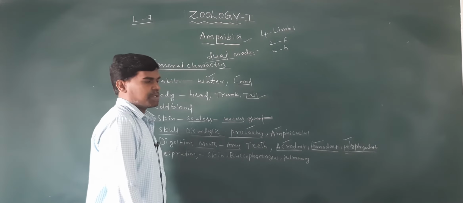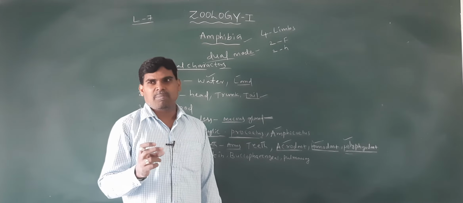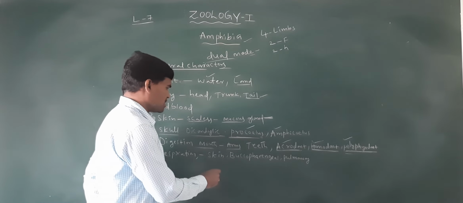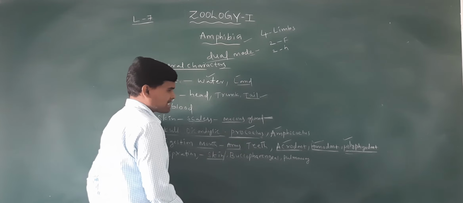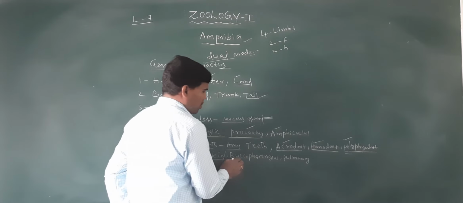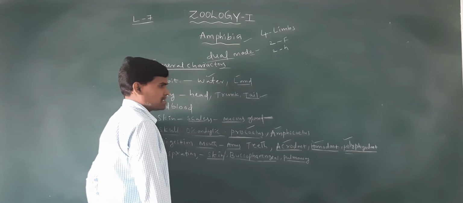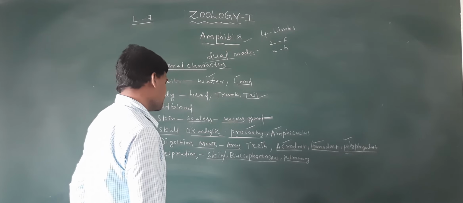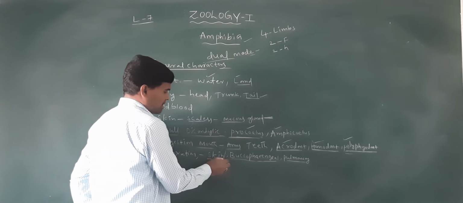Three types of respiration. Actually, most animals have only one type of respiration, but amphibians have three types. Pulmonary respiration is through the lungs.